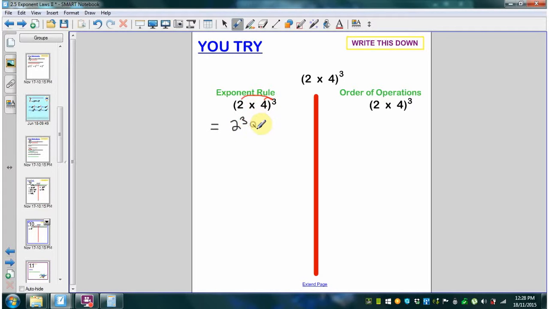Carry down my multiplication sign. This becomes 4 to the 3. Okay, and I'm just going to write that 3 a little bit smaller so it's really clear that that's a power to the 3.